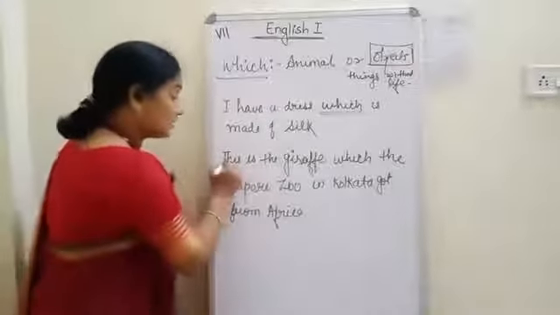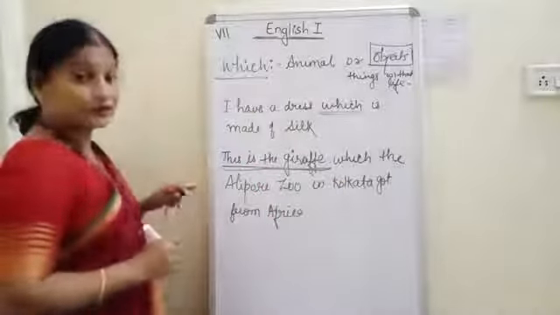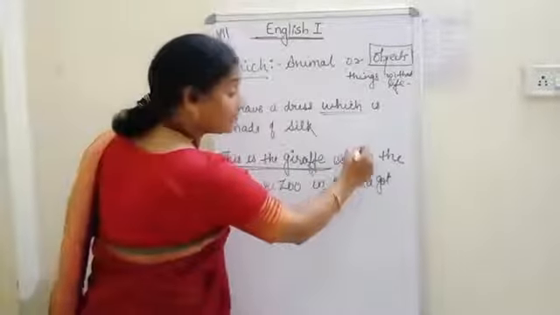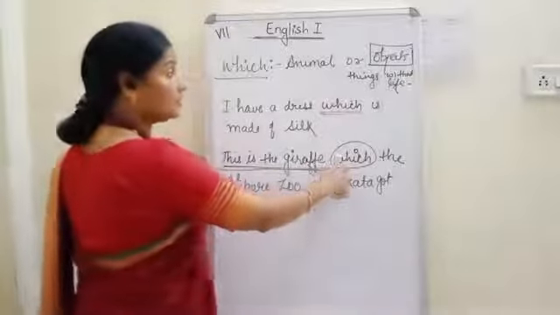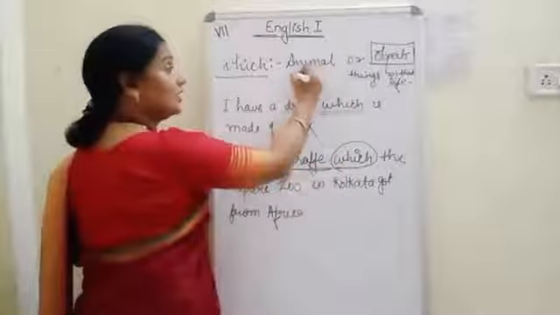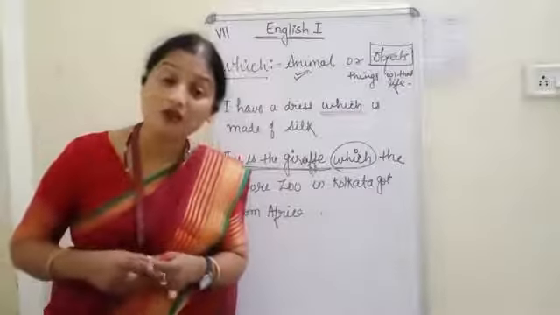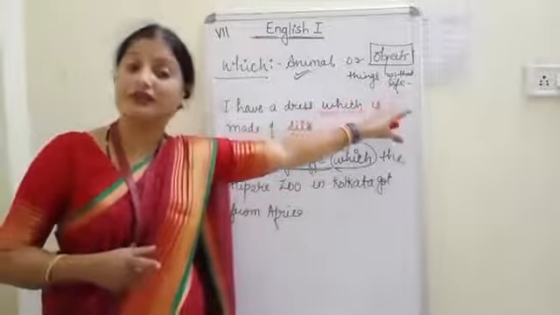Now here we are concerned about the giraffe. This is the animal. So this will be our antecedent and this is linked by the word "which". So this is your relative pronoun and it can be used with the animal. So children, keep in mind that "which" can be used along with the animals as well as along with the non-living things.